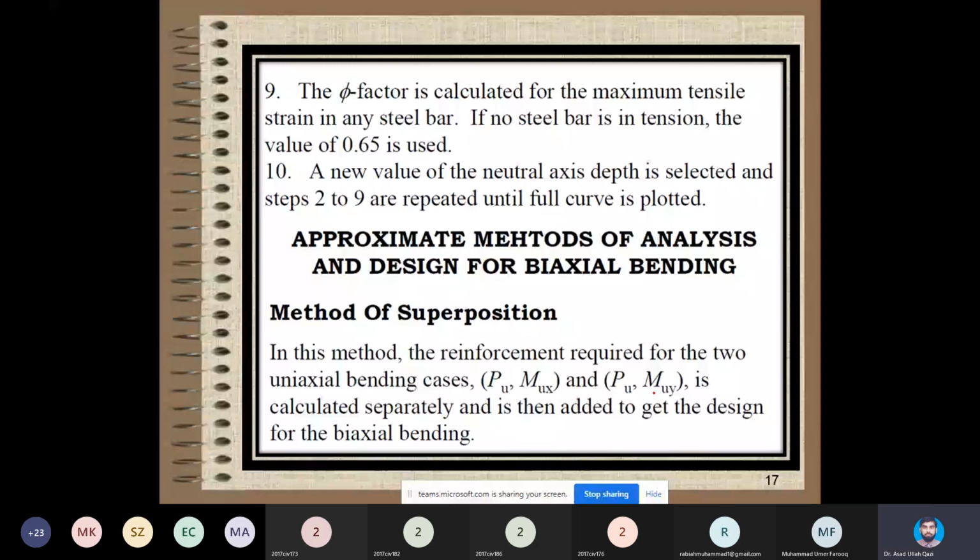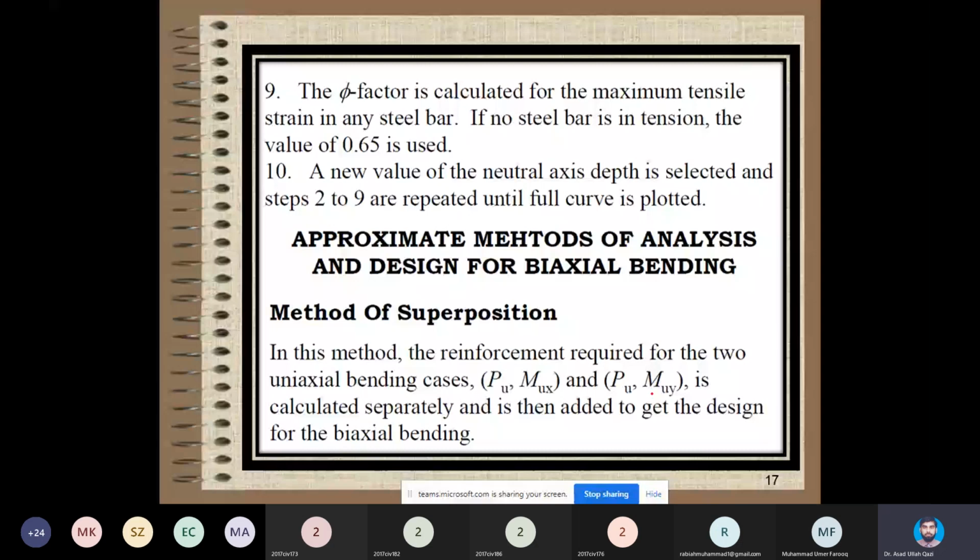If your column selected is square, your gamma will be the same along the x-axis and along the y-axis. But if it is rectangular, then MUX and MUY will get a different gamma, because along the x-axis dimension B and along the y-axis dimension H of the column will have a different gamma once you calculate the ratio of the center to center distance between the farthest layers divided by the corresponding gross dimension of the column.